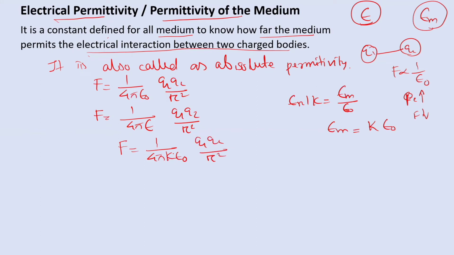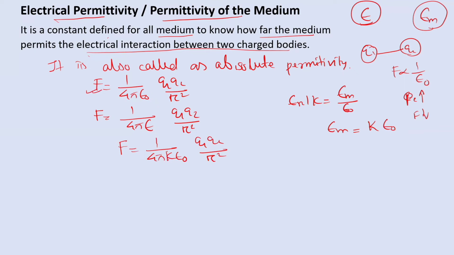Clear? And if you are not doing this, then also it's okay, because these are all constant terms and won't help you in dimensions. I have shown you this because sometimes in a question you might be asked to calculate the force when the medium is any other medium, water or anything else. Then in this formula for force, you write epsilon for the medium.